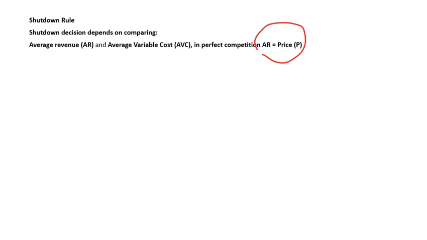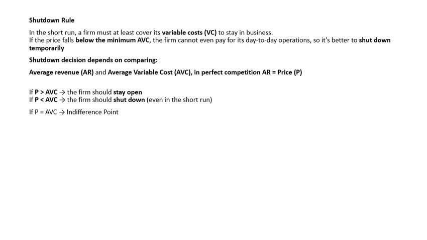It is the same as the price. So here the condition is if the price is greater than AVC, the firm should stay open, which means when you sell, you can cover your average variable cost. But when the price is less than AVC, it means when you sell your product, you cannot even cover your variable cost. Here the firm should shut down.